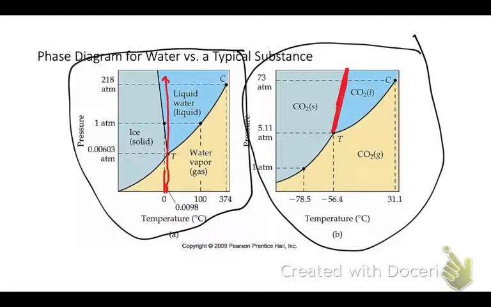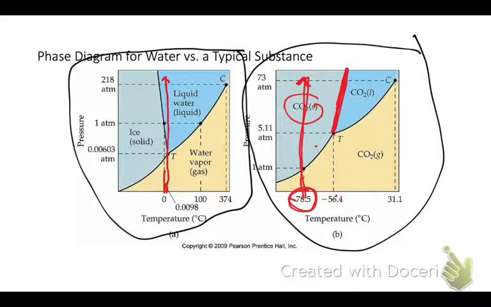Unlike the other substances, if I increase the pressure, I will for sure be hitting the solid. This is your temperature, and you go up and increase the pressure, and the only thing you will get is a solid.